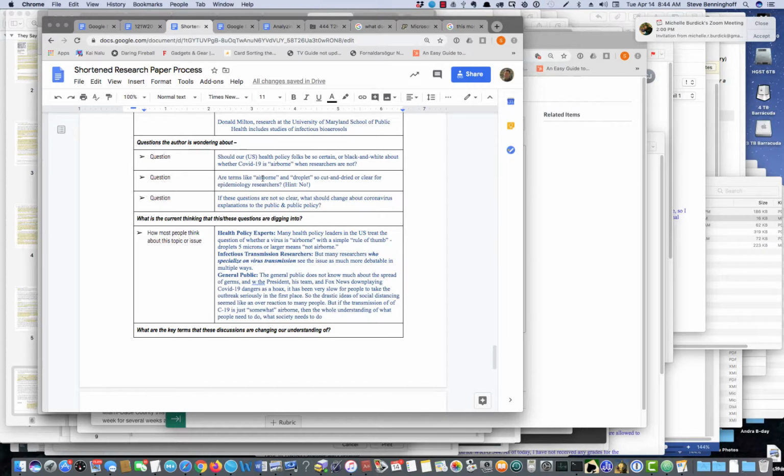Other key question in that, are terms like airborne and droplet so cut and dried or clear for epidemiology researchers? The answer, of course, is no. And if those questions are not so clear, what should change about coronavirus explanations to the public and public policy? Now, this last question is the thing that she's sort of suggesting. Her whole piece was pointing out that the researchers are saying it isn't that cut and clear, and so she doesn't say what the policy change ought to be, but as you've seen, we have really reversed our idea about people wearing masks.